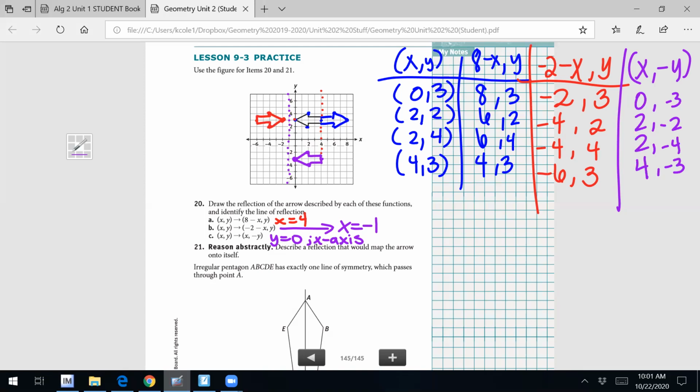All right, 21, some of y'all probably heard me say don't do, some of you didn't, so we'll do 21. 21 says describe the reflection that would map the arrow onto itself. If you were going to map that arrow onto itself, what line would you use? It's going to have to be right in the middle of the arrow. The only thing I can think of is some kind of food on a stick where it just rotates, you know?